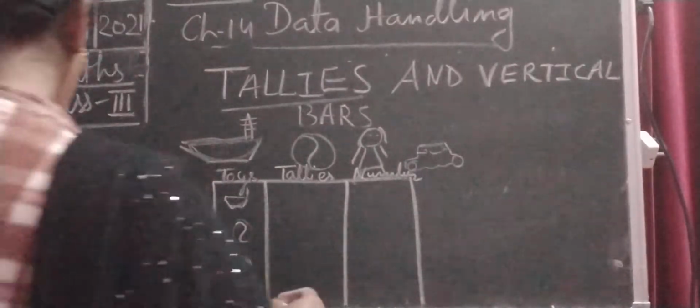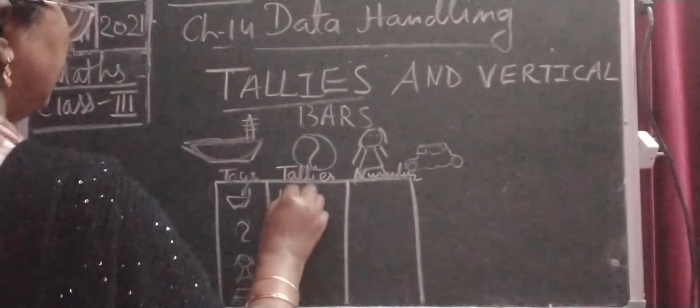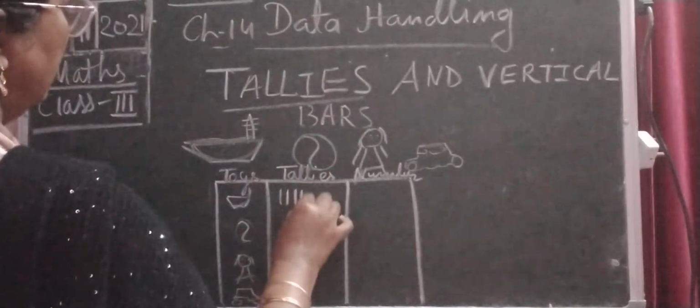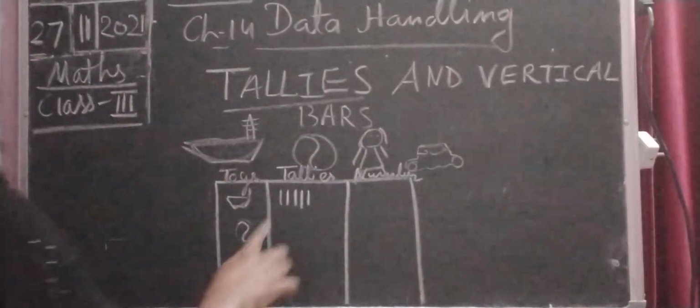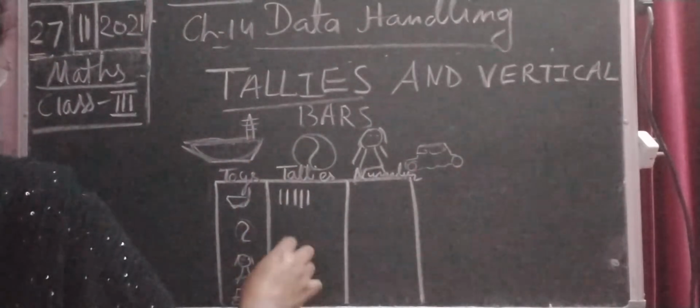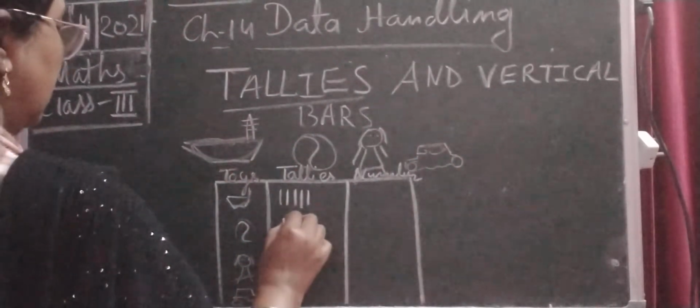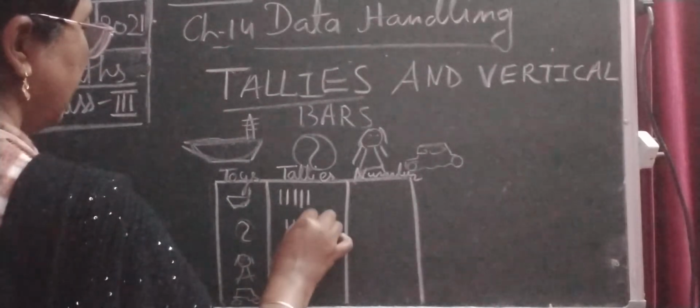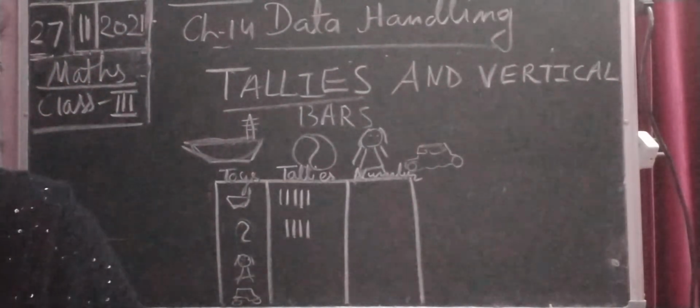Then he found that the boats he is having 5. Okay. So he counted 1, 2, 3, 4 and 5. Now balls he is having 4. Okay.